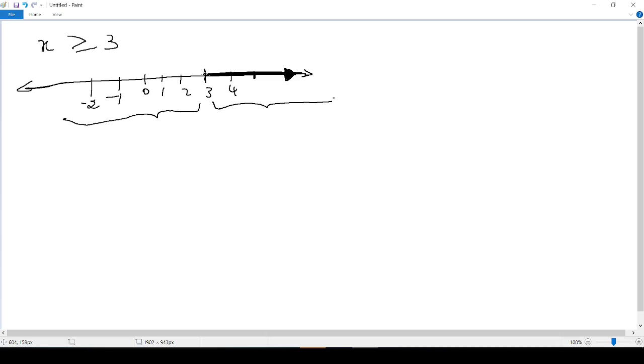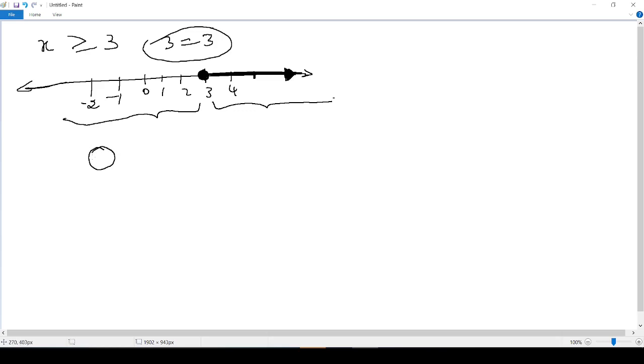And on the 3 now, we will put this bold circle. And this circle is not empty. It is a solid, bold circle, meaning 3 is part of the solution. If 3 were not part of the solution, we would have represented it with an empty circle, something like this.